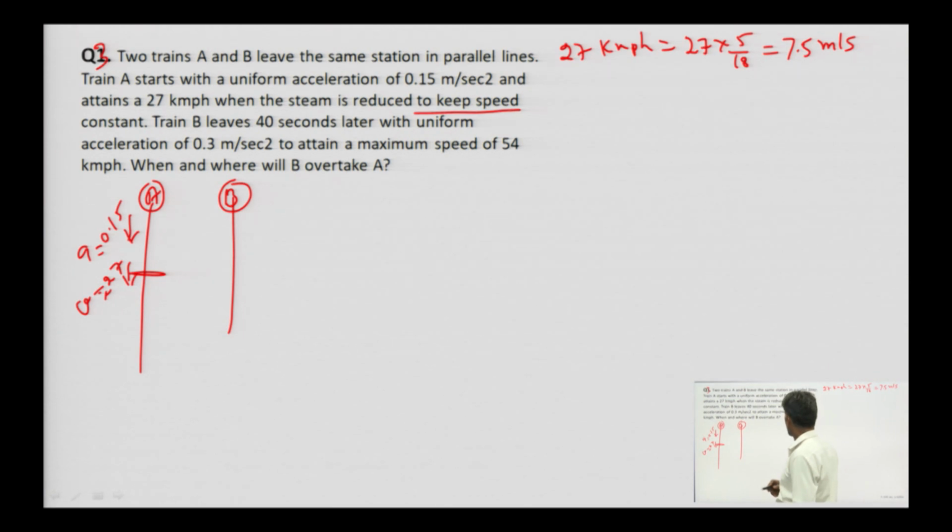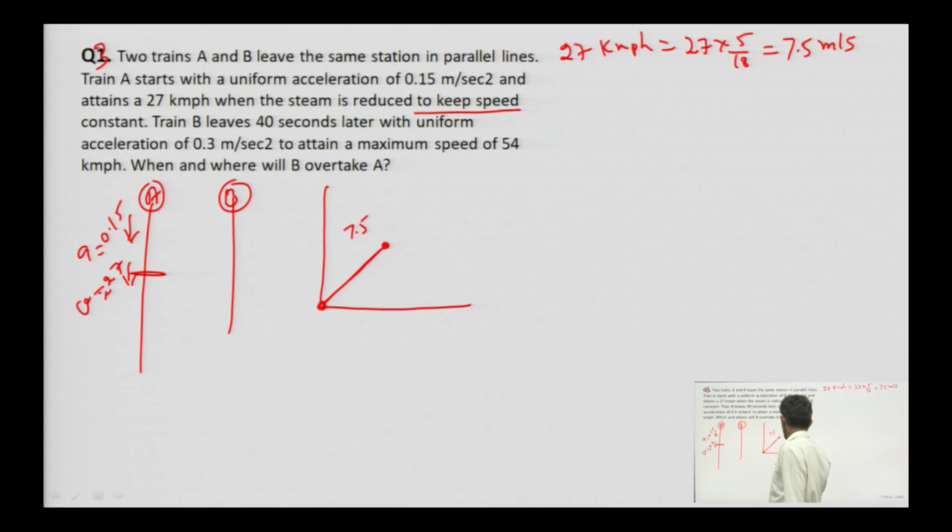What it means is that we need to plot the diagram for A and B. Here acceleration is acting, and it attains a speed of 7.5.